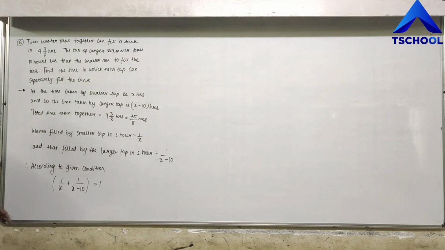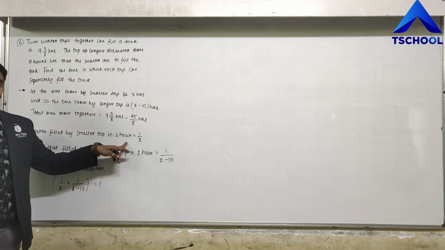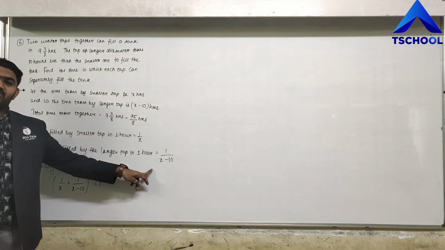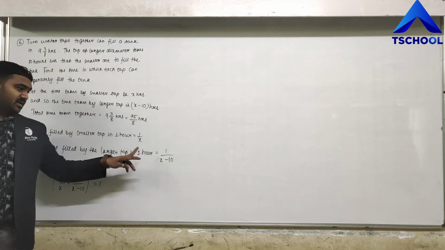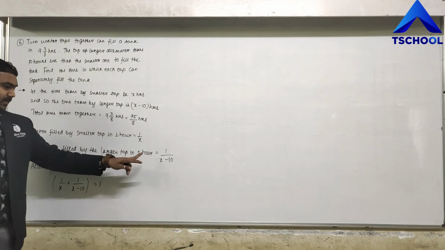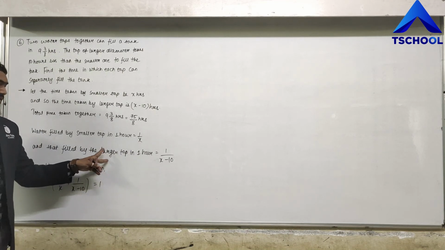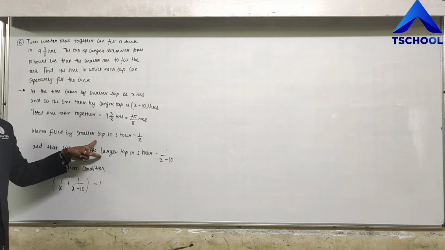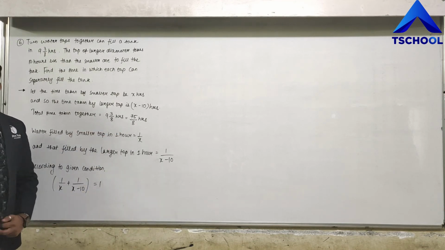But see, what is this amount of water filled in 1 hour? This is the amount of water filled in 1 hour by the smaller tap. This is the larger tap. That means the total of this is how much? That takes 75 by 8 hours.